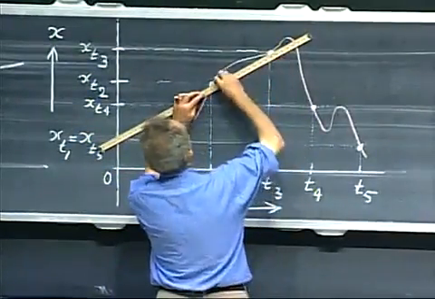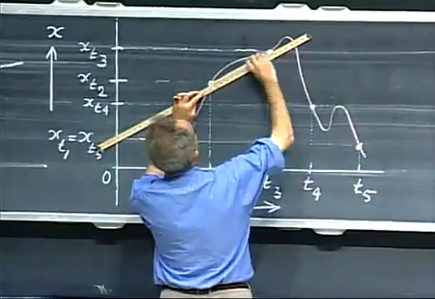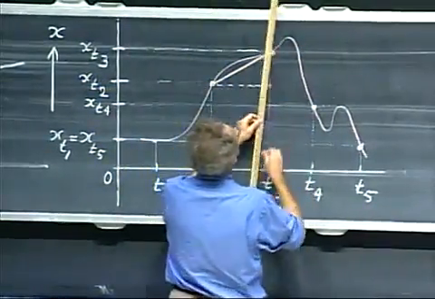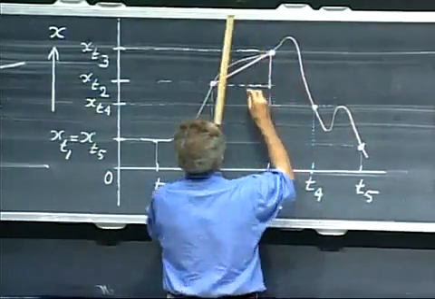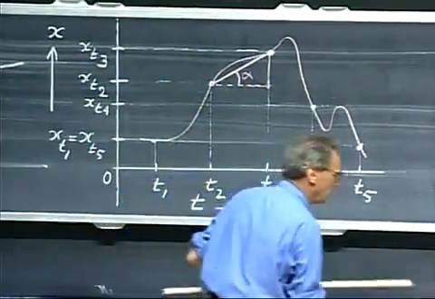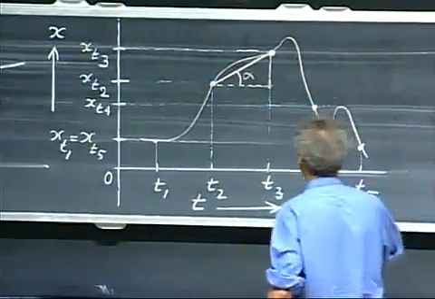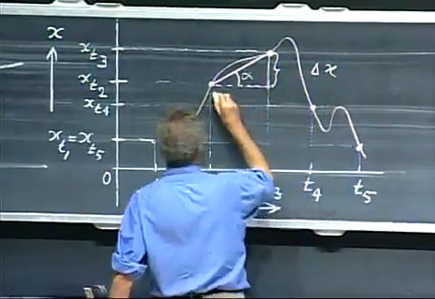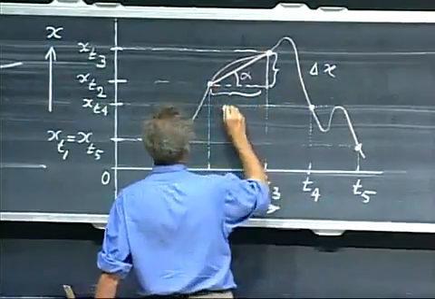I draw here now this line. And this angle I call alpha. And this part here I call delta x. And this here is delta t.